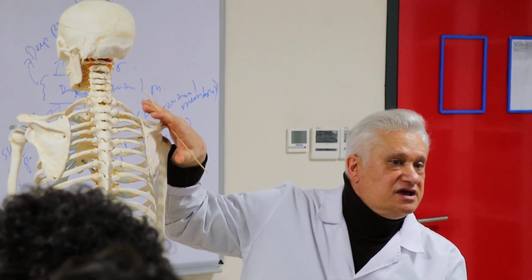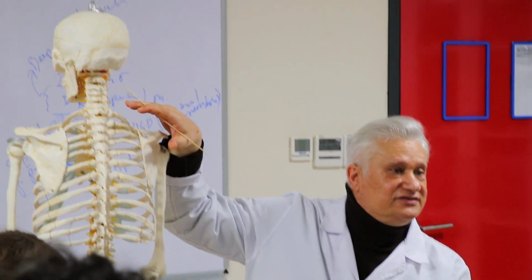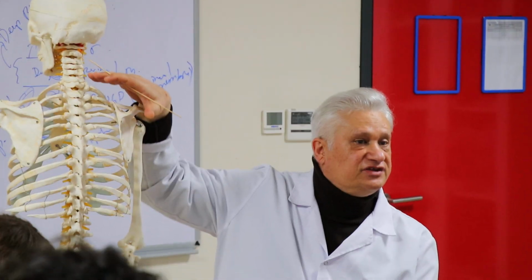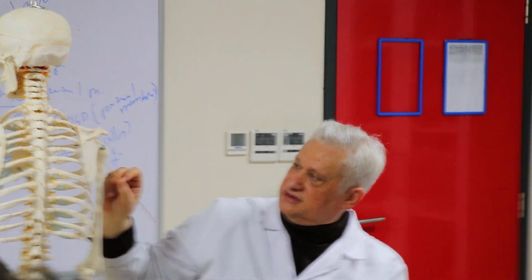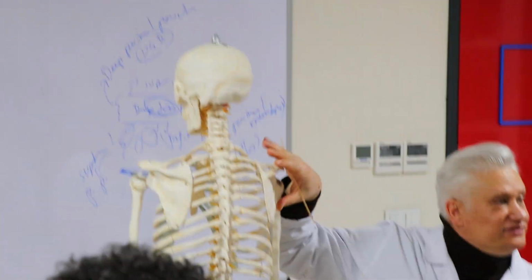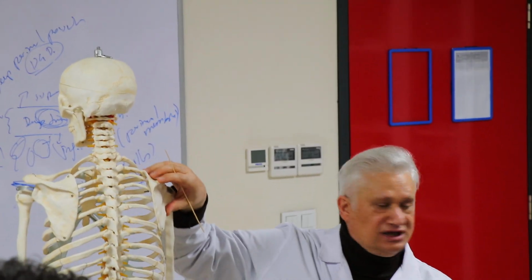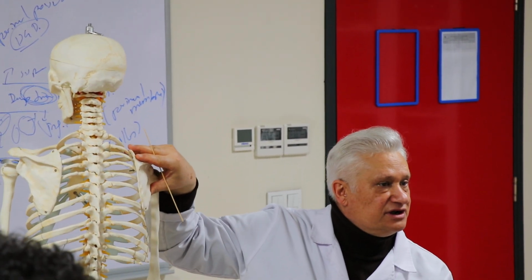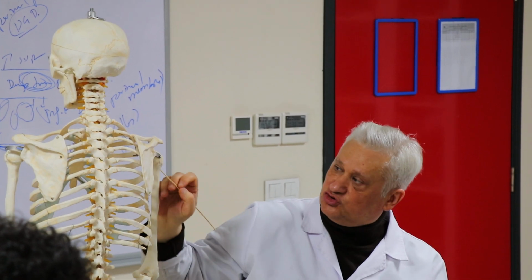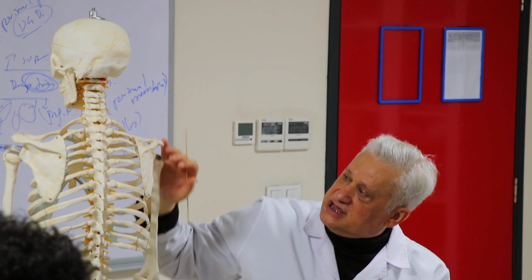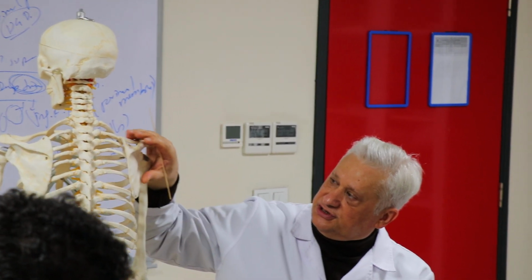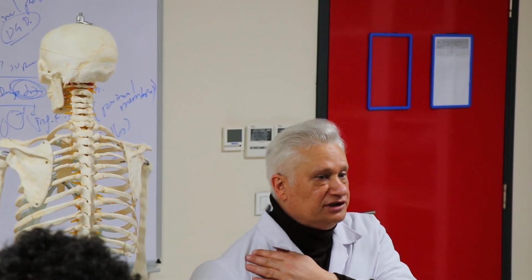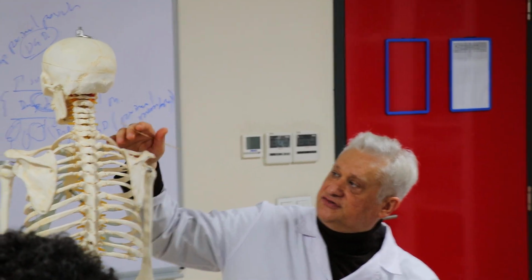Elevation. It elevates the upper border of the scapula, and the lateral border basically rotates down. So it elevates, and the lateral border is rotated downwards a little bit. Okay, so that's it.